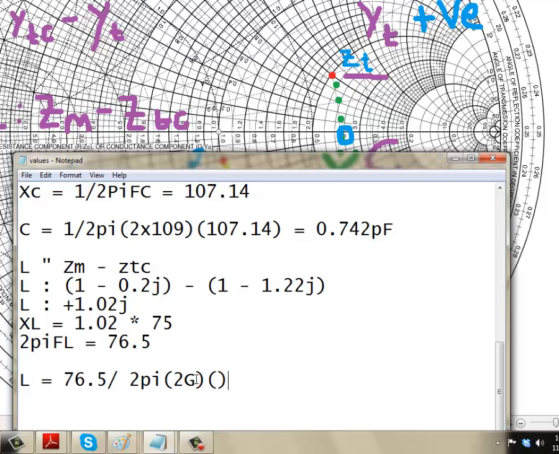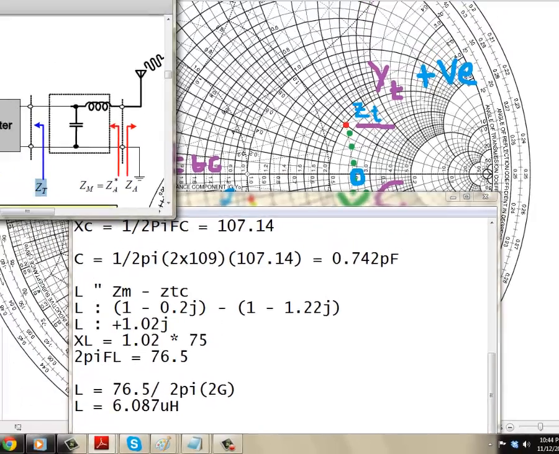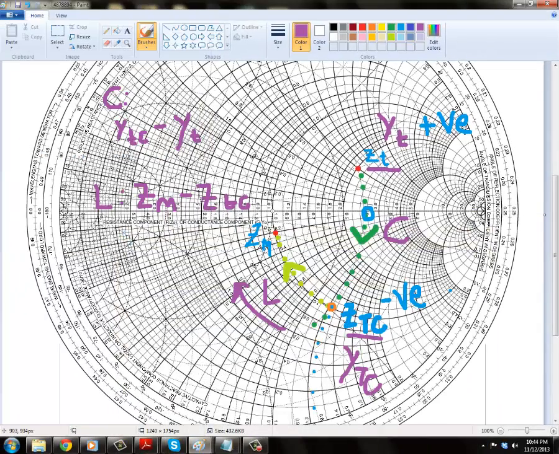This will give us the value of the inductor, which will be equal to 74 by 2 giga. Voila, we are getting a correct value. Microhenry. Here are the values that we needed. Finally, we have solved this complex circuitry. Next time we'll do another circuit just for practice. For now, that's it. Bye.